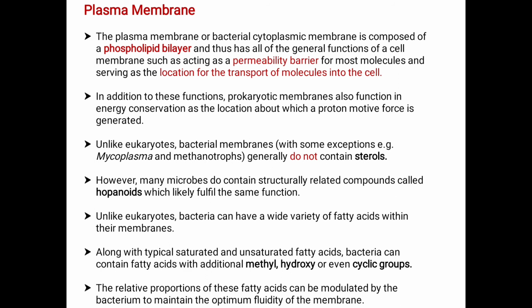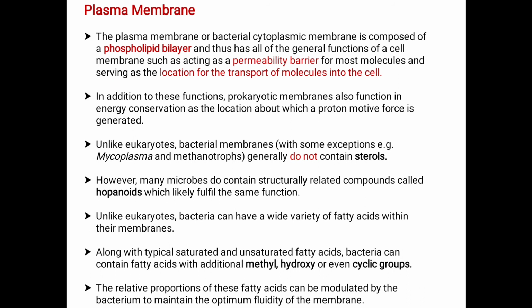phospholipid bilayer, where we saw in the video the presence of the phospholipid bilayer, and thus has all of the general functions of a cell membrane, such as acting as a permeability barrier for most molecules and serving as the location for the transport of molecules in the cell.